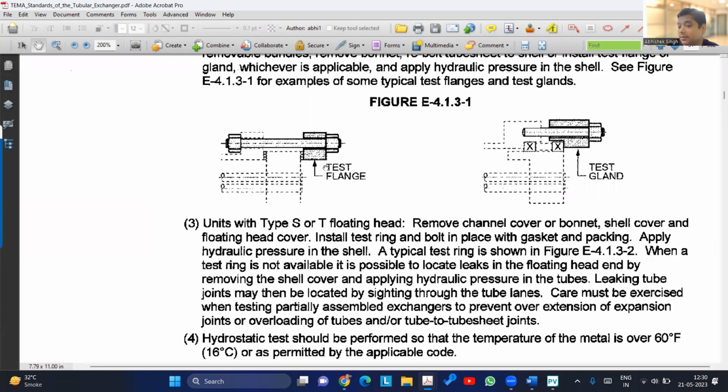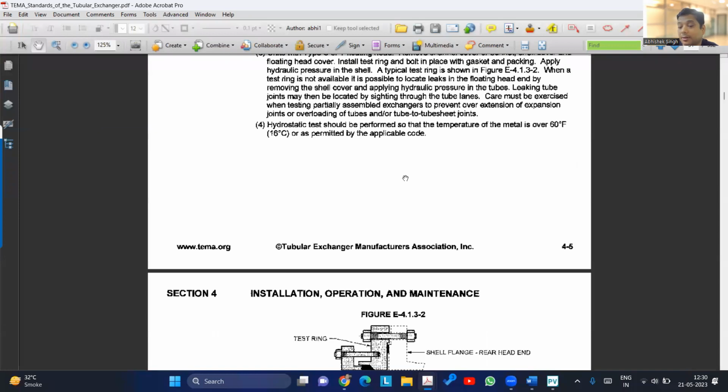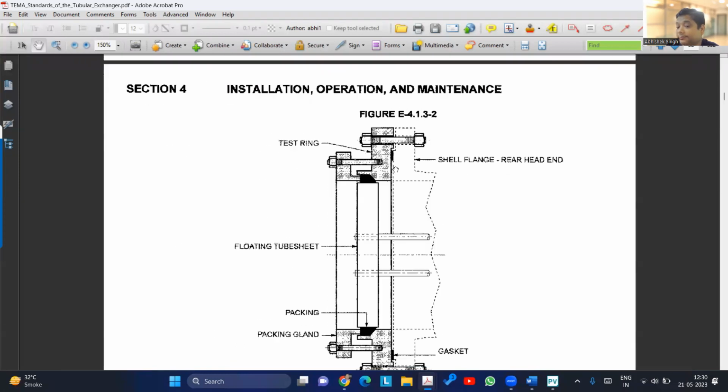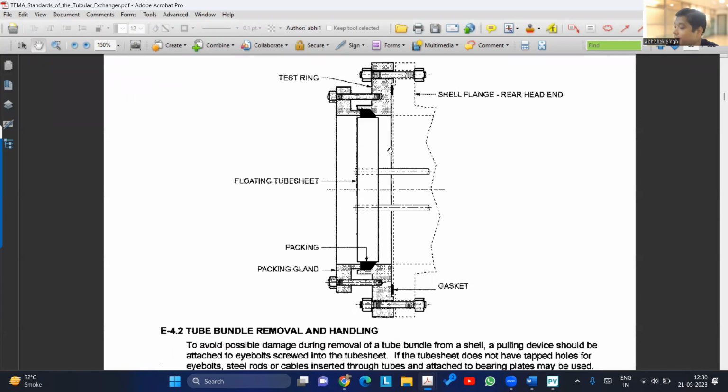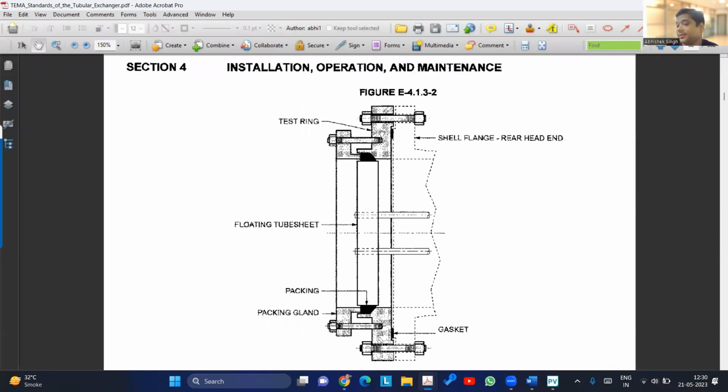See, this is the testing which we are talking about, the first one. This is the test gland for packing type of heat exchanger. This is the arrangement for floating. Floating also has only two hydro tests, but that arrangement will be different.